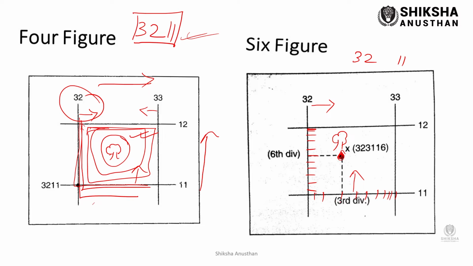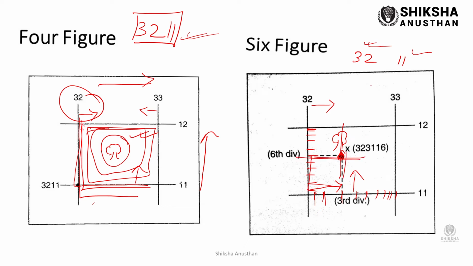As you can see, this tree, as we found out, has already crossed the 32 and 11. So 32 needs to come 3 ahead, 32, 1, 2 and 3 ahead to be in this part, and this 11 needs to be 6 above to be in this part.